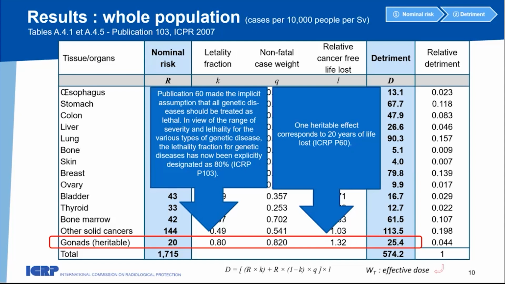But the weighting factor for the gonads is 0.08. And in 103, they say that they are just adding a degree of caution. So they made this gonad weighting factor a bit bigger than it would come out from this relative detriment calculation.